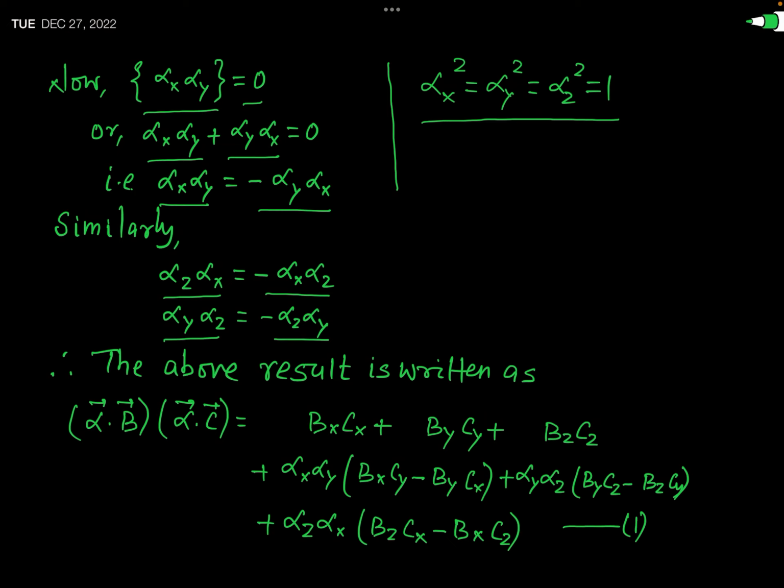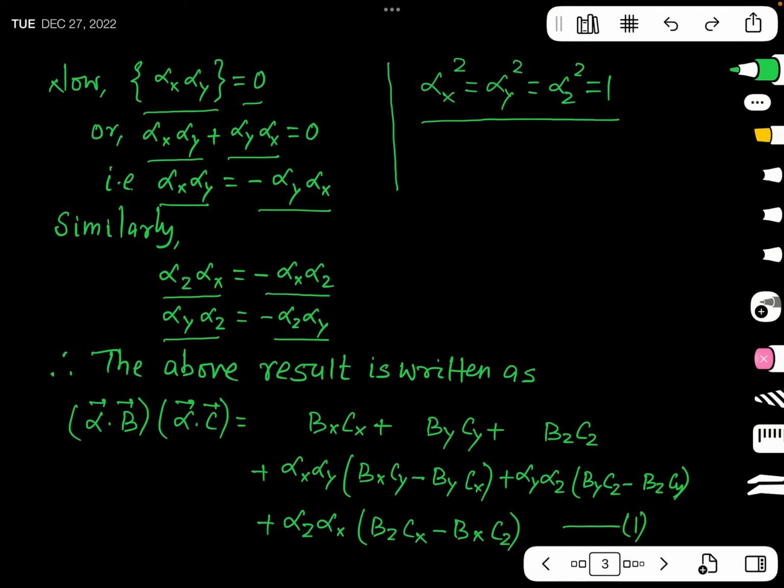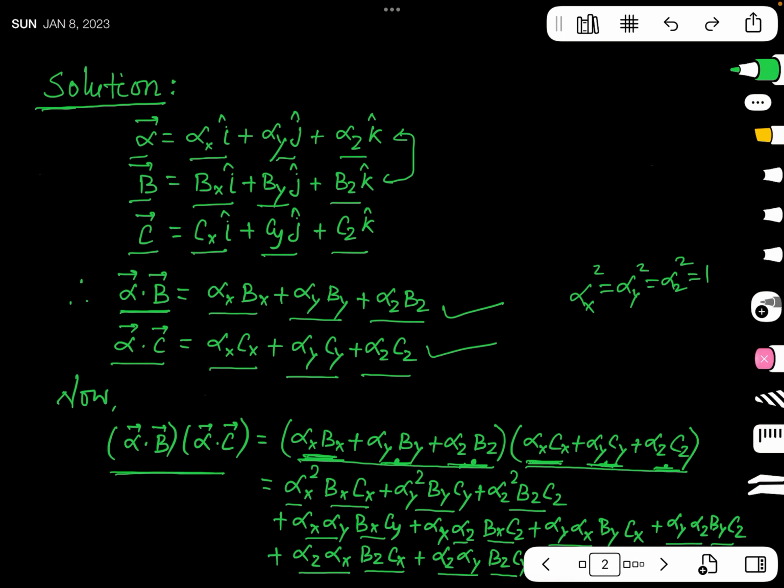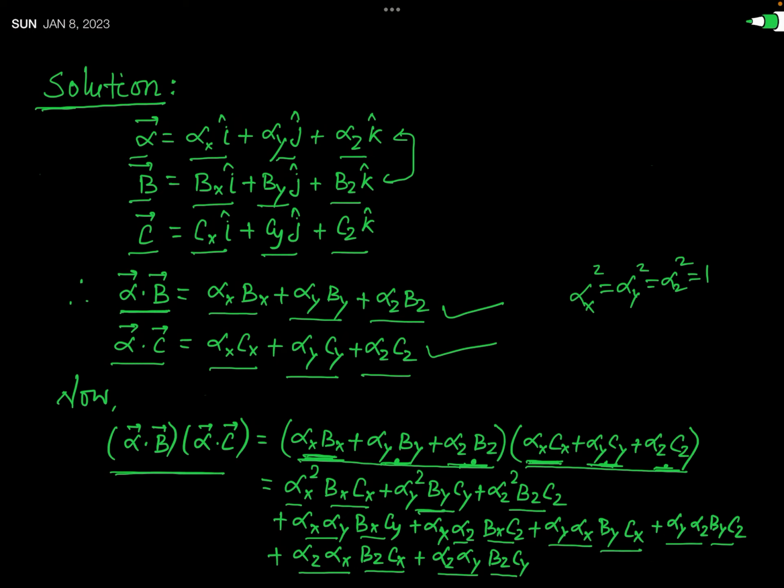Okay. Now we will use these results in the previous equation which we have actually seen here. This is the result. In this result, in place of alpha x square, alpha y square and alpha z square, we will put 1. Okay. So the first three terms will be simply bx cx plus by cy plus bz cz. Now let us see.